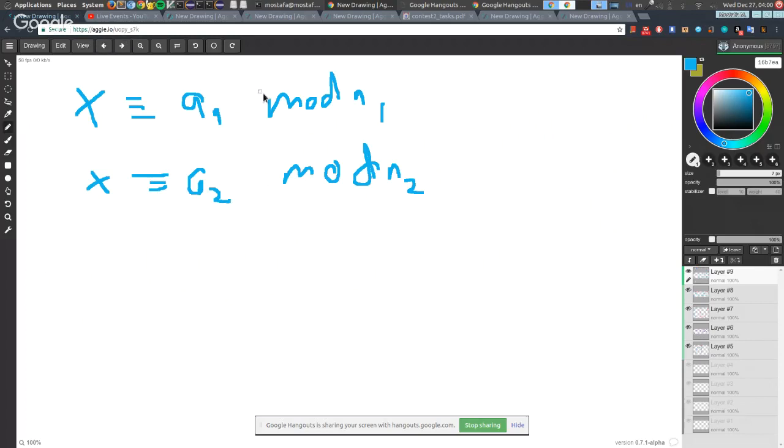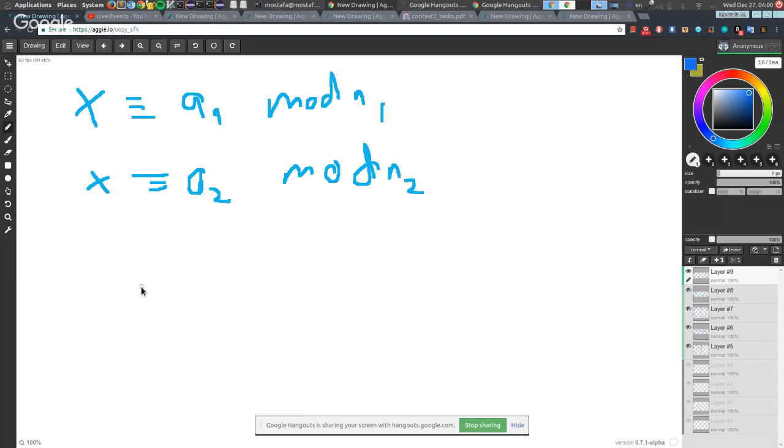Most of the literature I found has the assumption that n1 and n2 are co-primes. Here I will not make this assumption, and I will still attempt to solve the Chinese remainder theorem. The first time I saw this solution, there was some equation on Wikipedia, so this is where I got the idea, but then somehow I couldn't find it anymore.